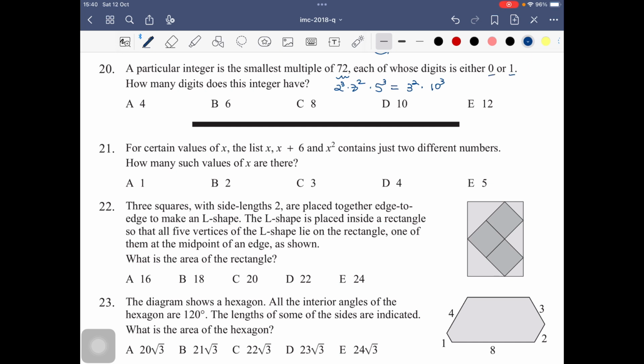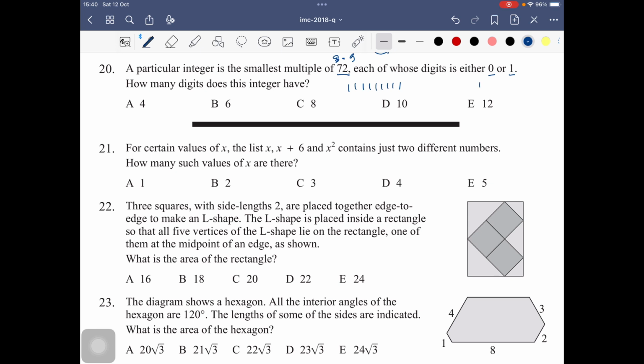So this should be a multiple of, okay, now I understand, this should be a multiple of 9. So now we know 1, 2, 3, 4, 5, 6, 7, 8, 9. But this is not a multiple of 8. This is 8 and 9, because the last 3 digits should be a multiple of 8.